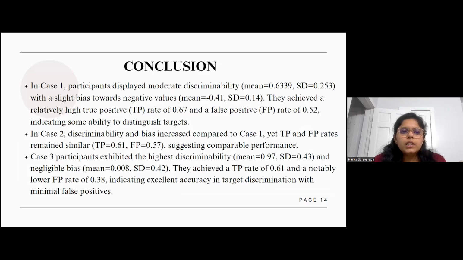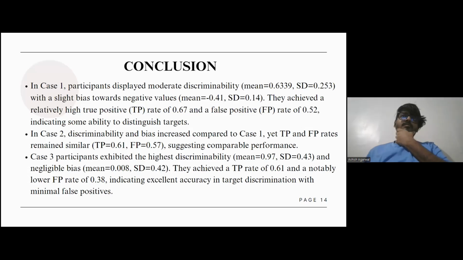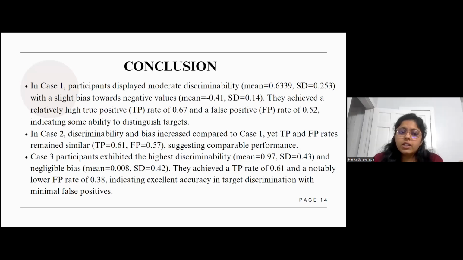In case 1, participants displayed moderate discriminability, that is 0.63, and a slight bias towards negative values. Here, the relatively high true positive rate is 0.67 and the false positive rate is 0.52, indicating some ability to distinguish targets. Discriminability in case 2 is also similar to case 1. There's not much difference, so there's no improvement in the performance.